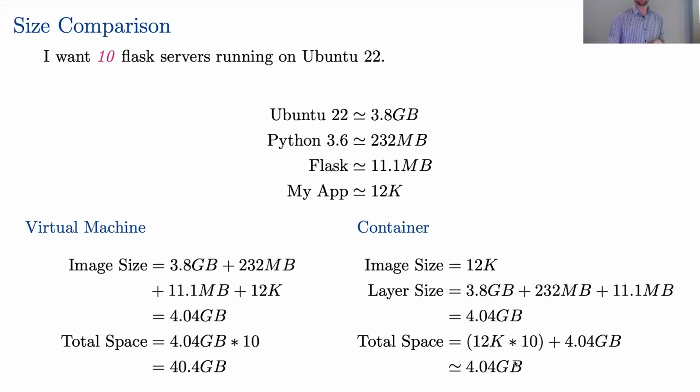So our total space for these 10 containers is 4 gigabytes, roughly rounded. Okay, so what our limitation becomes then is our processing speed. Can our computer handle running 10 different Flask servers? But in terms of size, since we're reusing layers, this is really quite useful.